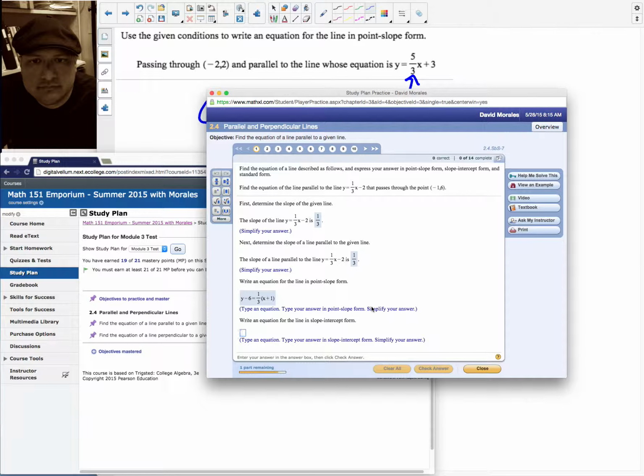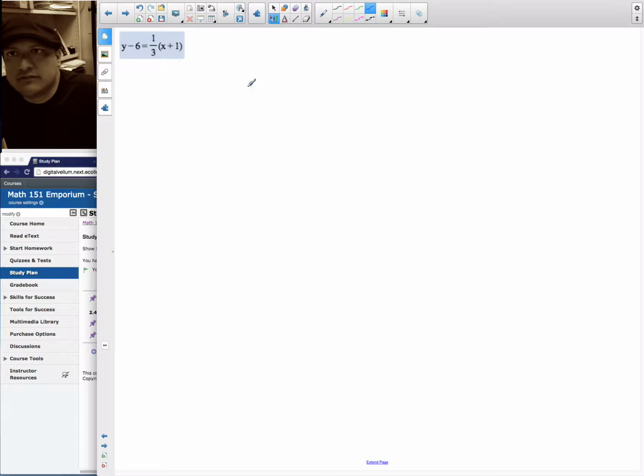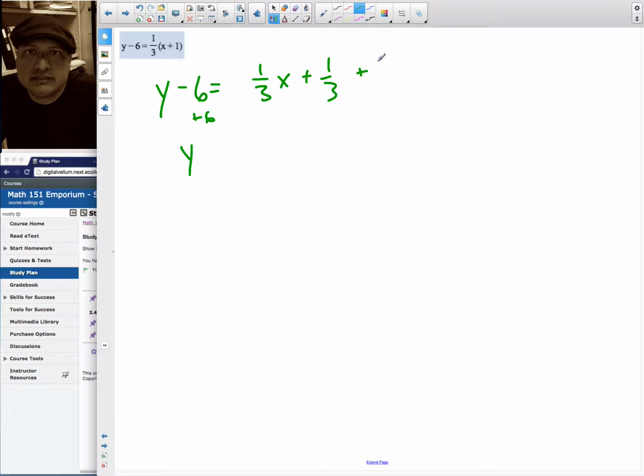Then it wants us to move it over, so I'll just do this instead of doing the quizzing again. Now solve for y. So we have y minus 6 is 1/3 x plus 1/3. This is going to be plus 6, which is plus 18/3. 1/3 x plus 19/3.